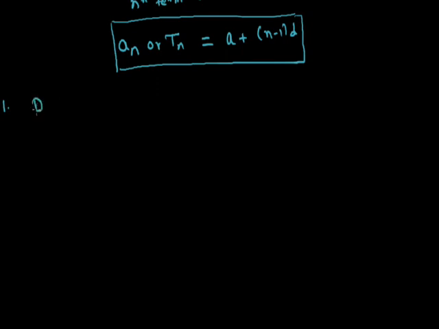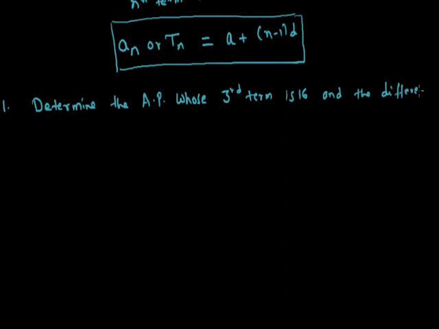Determine the AP whose third term is 16 and the difference of the fifth term from the seventh term is 12. Now we have to find the AP.